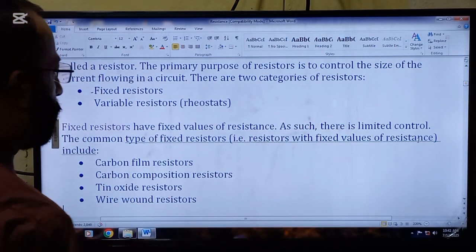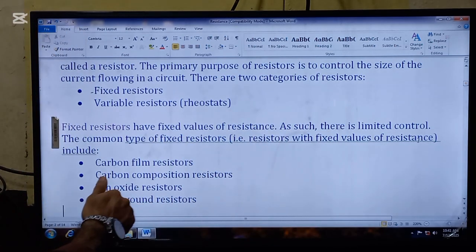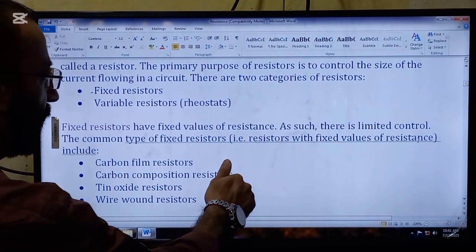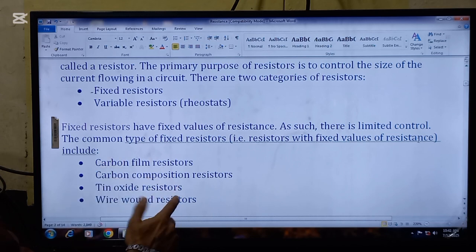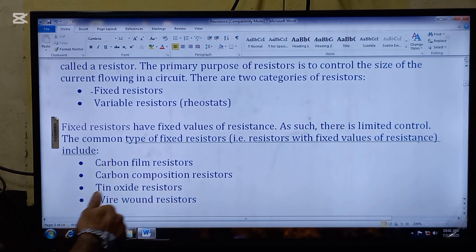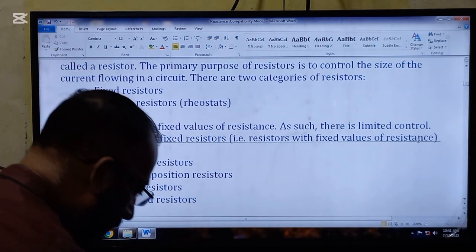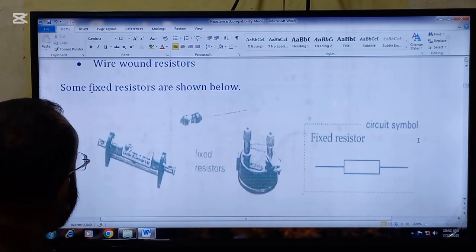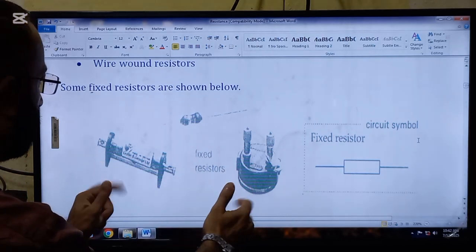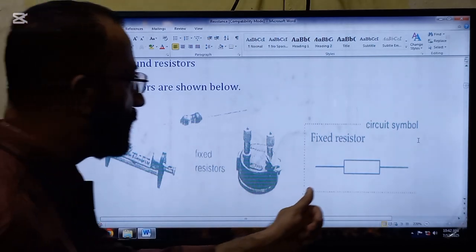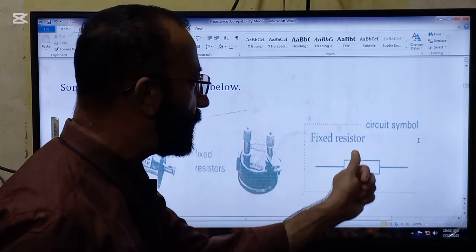The common types of the fixed resistors include carbon film resistor, carbon composition resistor, tin oxide resistors, and the wire wound resistors. Some fixed resistors are shown below. So here are some fixed resistors, and this is the symbol used for fixed resistors.